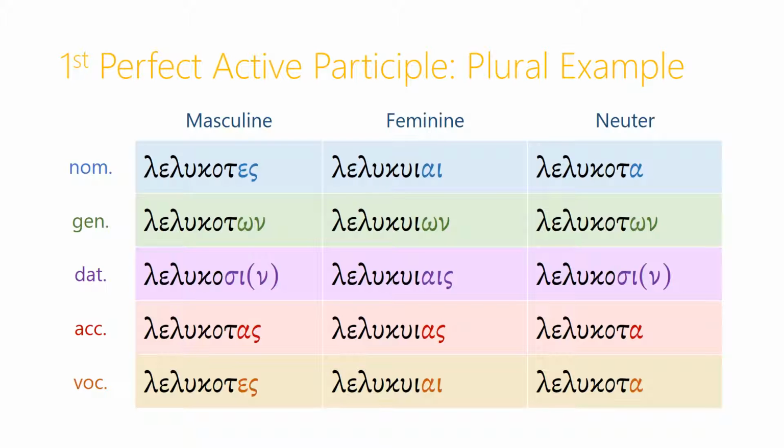The only thing to watch is that the masculine nominative uses the sigma plural ending, and the neuter nominative uses the alpha plural ending, which is typical of many neuter nouns when they're in the third declension plural. And again, that lelukota ending shows up again in the accusative and the vocative.